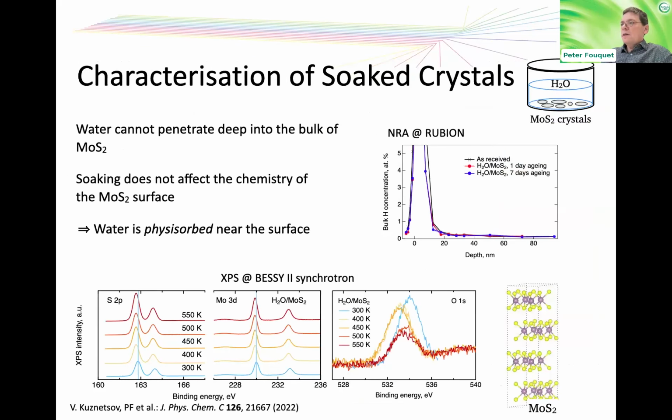Then we exposed them to the different techniques that are at our hands. So for the soaked crystals, just soaked in demineralized water, when we looked at them with nuclear reaction analysis, where you expose the samples to an ion beam, you can look at the depth profile of the hydrogen.